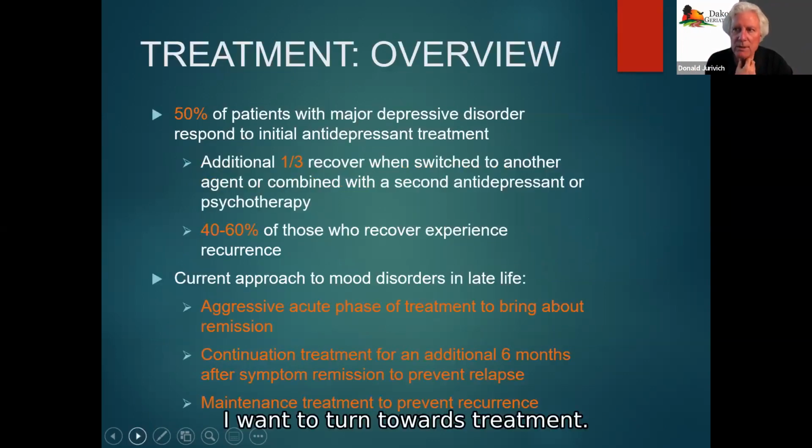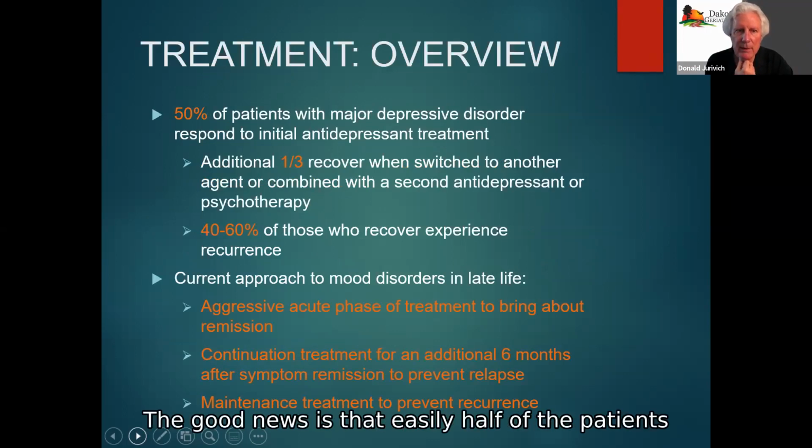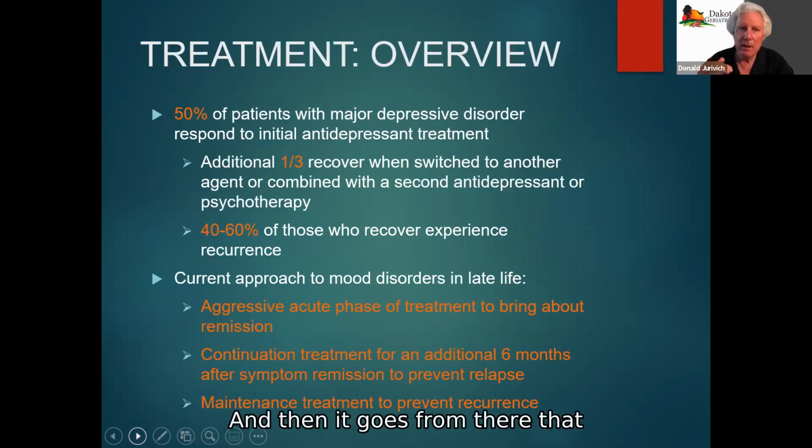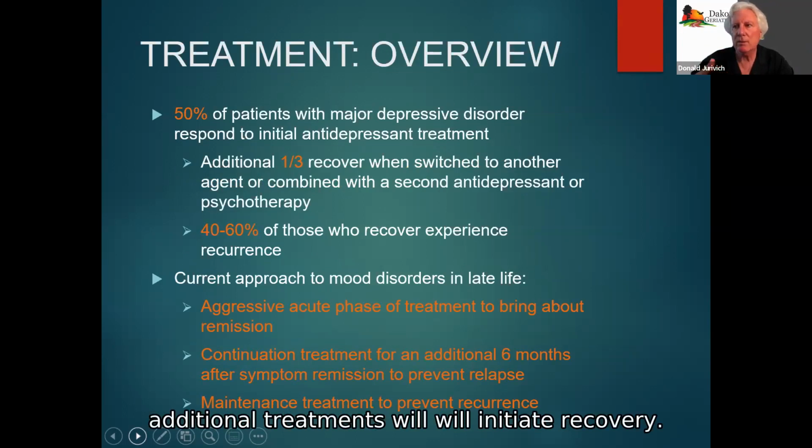So I want to turn towards treatment. And the good news is that easily half of the patients with major depressive disorders will respond to the initial treatment. And then additional treatments will initiate recovery.